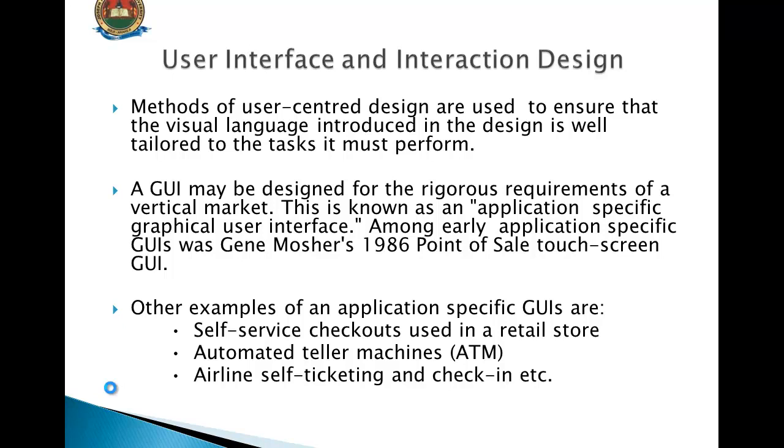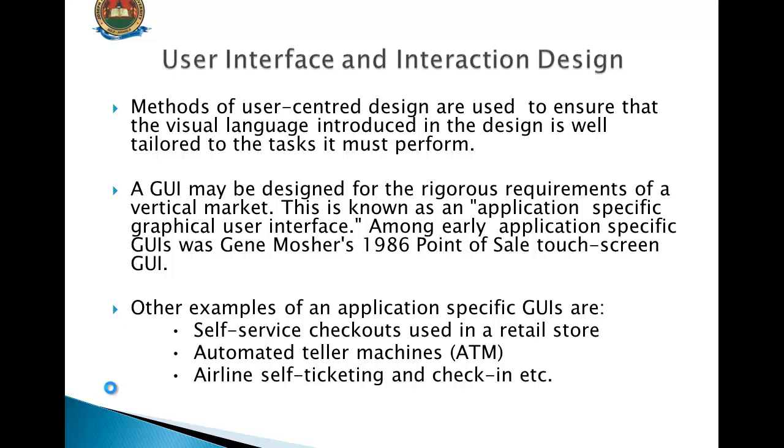When you see a design of the interface with something that resembles an icon of open, it should not be performing an implementation of close. So the user interface design is centered in such a way that it's tailored toward the task it must perform.